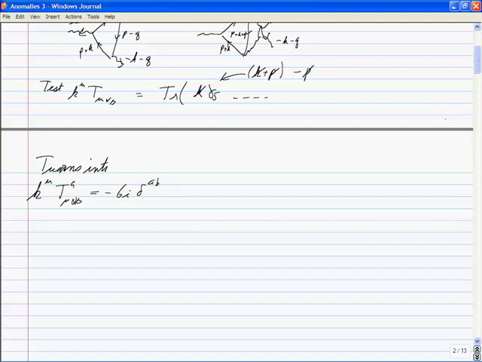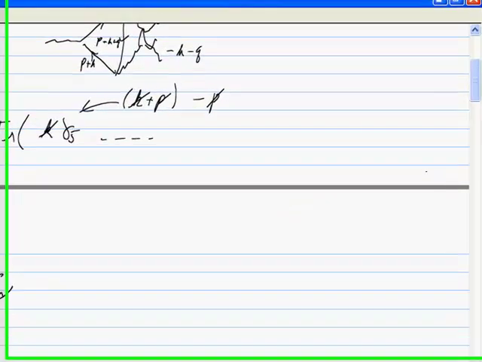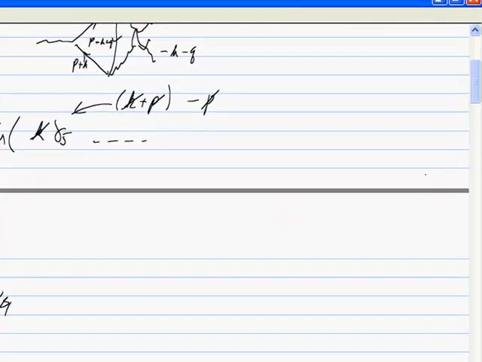That's the color indices. Epsilon alpha beta rho sigma integral d4k over 2 pi, d4p over 2 pi to the fourth. And then there's 4 terms.